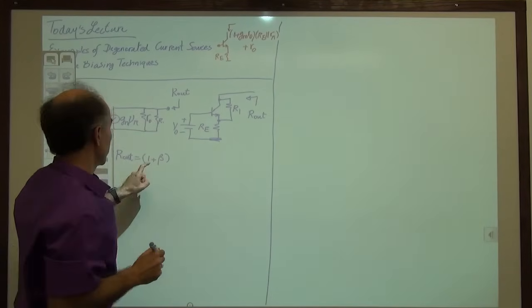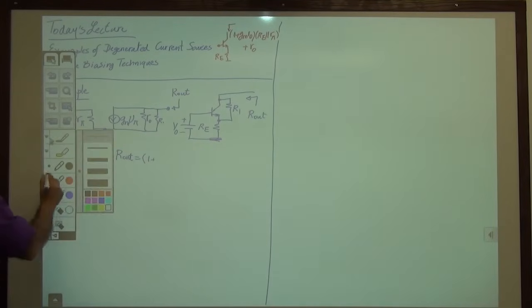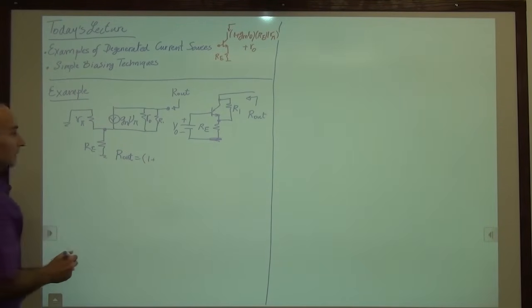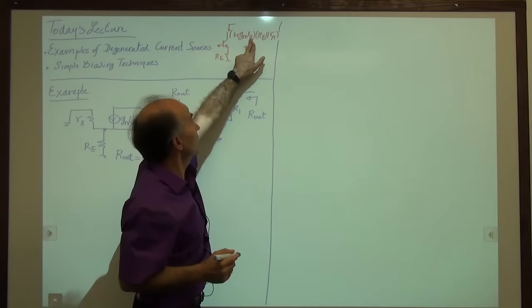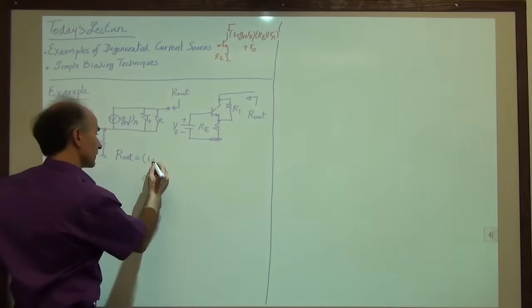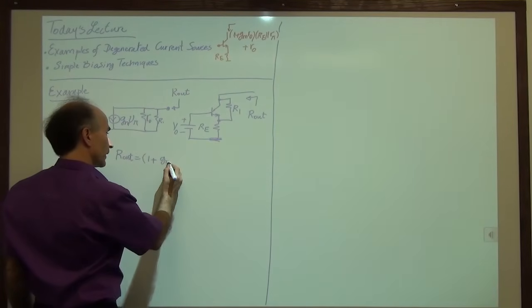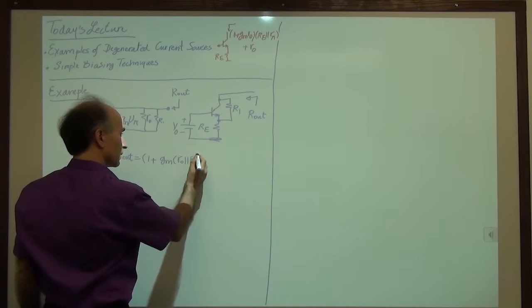All right, so now we're going to apply that here. So we go back to our blue color. Okay, so we have 1 plus GMRO. Let's take RO and replace it with RO in parallel with R1. So 1 plus GMRO in parallel with R1.